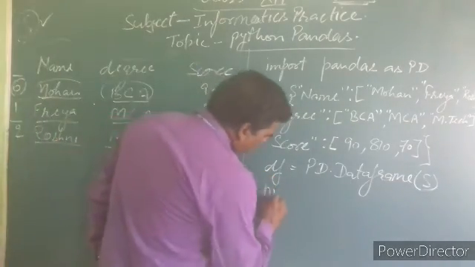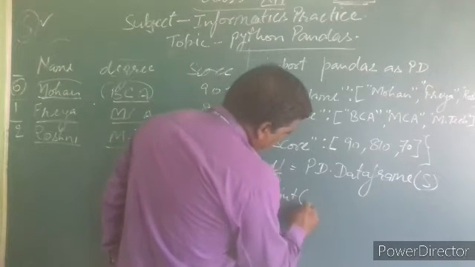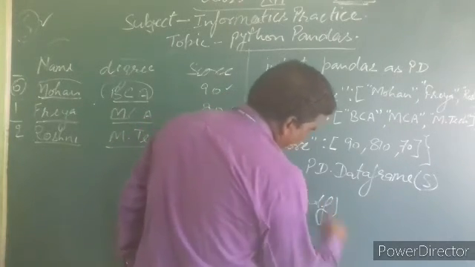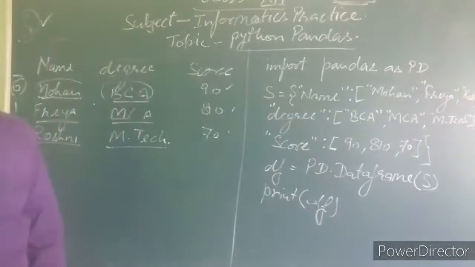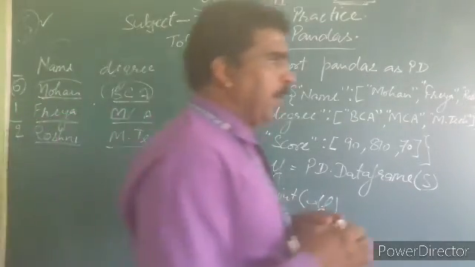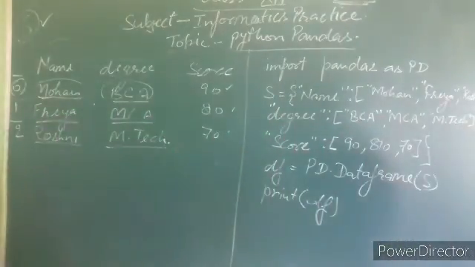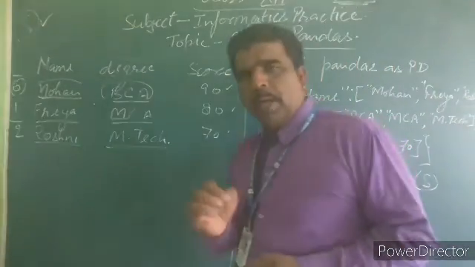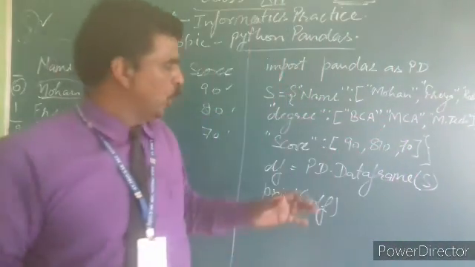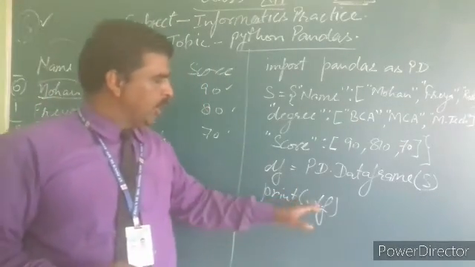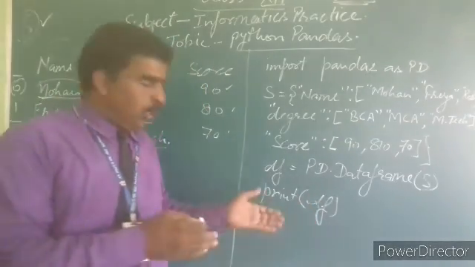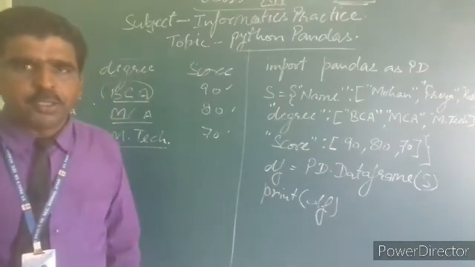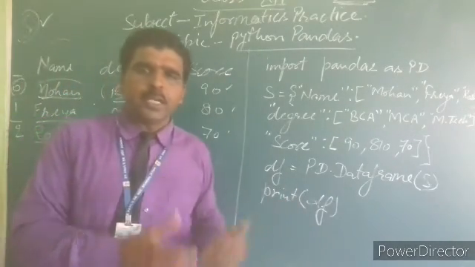You are able to write here print df. So student, you should try for that. You are having this type of value that is stored in one variable, that is df. So df can be printed. It is very simple.